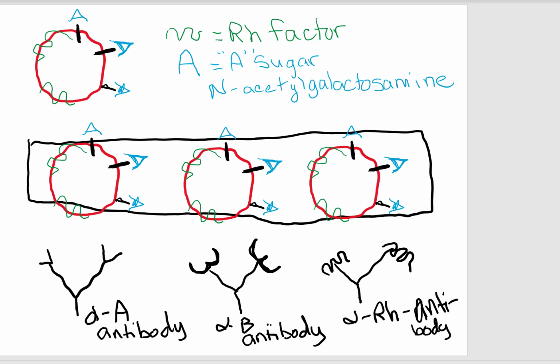And this woven line represents the protein called Rh factor. When we blood type a patient, we don't know what sugar they have or not, and we don't know if they have the Rh factor or not until we blood type them.